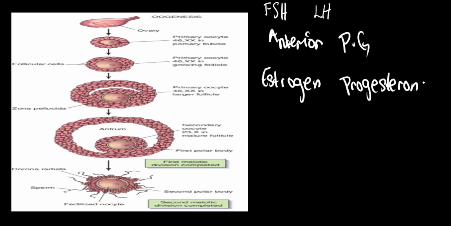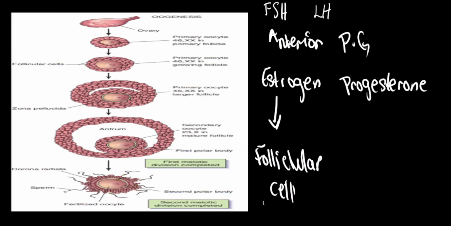Now, estrogen and progesterone are ovarian hormones. Okay, so they are hormones produced by the ovary. As we will go on to see, estrogen is produced by the growing follicular cells, and we have progesterone being produced by the corpus luteum.